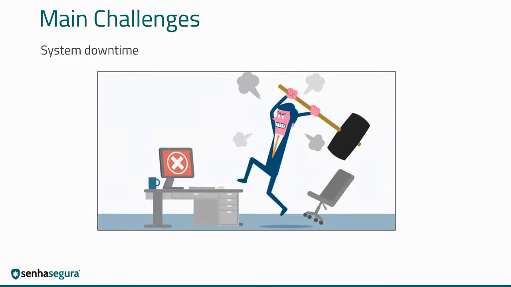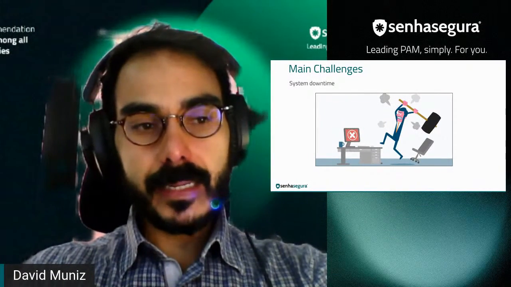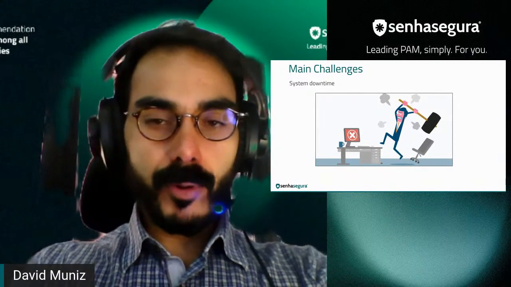The next one is system downtime, which relates to the last slide as well. So your clients try to access your website, and if it's down, they'll probably run to your competitors.